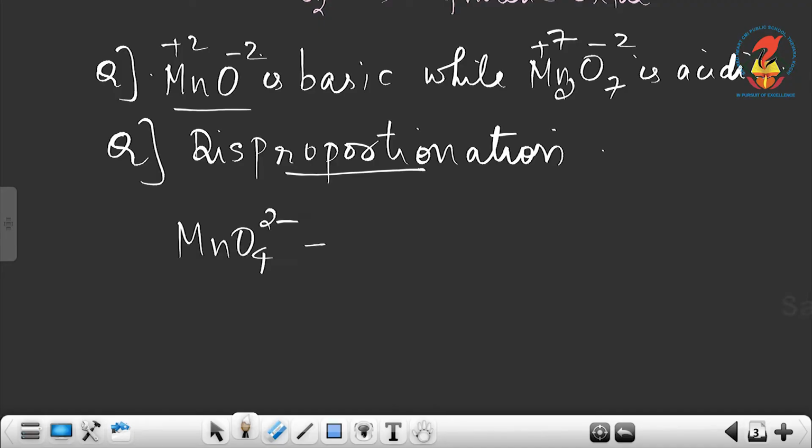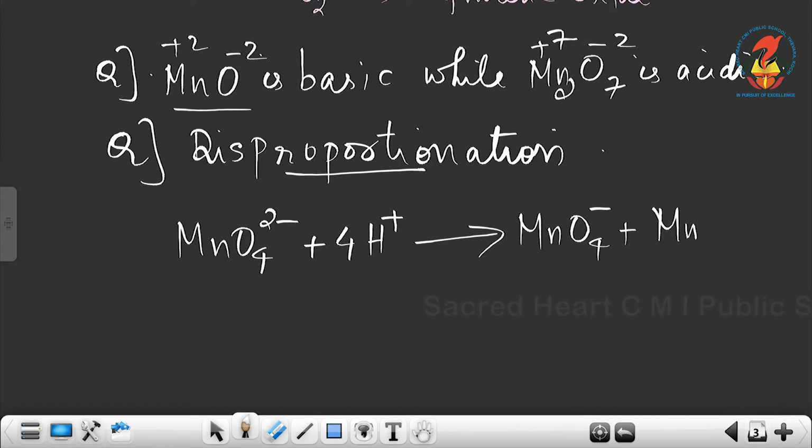MnO4 2- plus 4H+ will give MnO4- plus MnO2 plus 2H2O. And when you write the balanced equation, 3 MnO4 2- gives 2 MnO4- and MnO2.